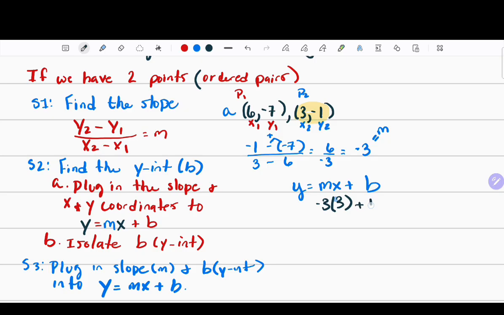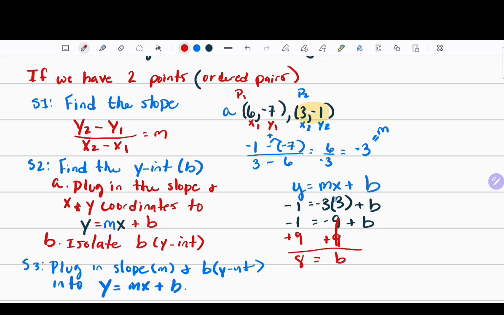All right, and the plus b comes down. We don't know b, but we have a y. Our y is what? -1. We can't start moving stuff because we have -3 times 3, which is -9. Bring down the b, -1. Now we get b by itself because we got to move that constant term away from the b. That's a -9, so we add 9 to both sides. And we end up with 8 is equal to, the 9's cancel, b.